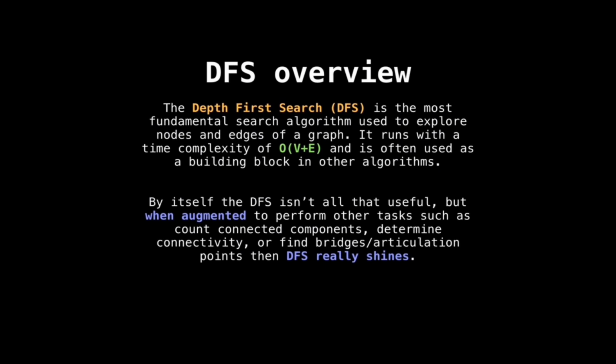DFS has various applications, and it's a fundamental algorithm in graph theory. It's worth noting that DFS does not necessarily find the shortest path in weighted graphs and is better suited for exploring all possibilities in an unweighted or equally weighted graph.